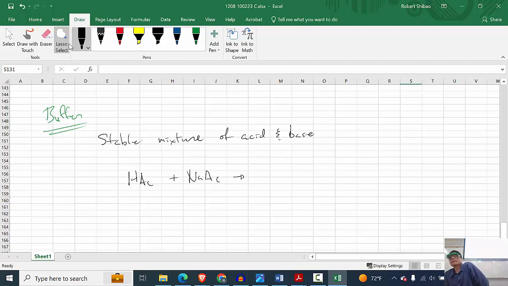All right, so this is what you should have. 50 milliliters of 3 molar acetic acid in a 150 milliliter beaker. 2 small beakers, one with 10 milliliters of sodium hydroxide, the other with 10 milliliters of hydrochloric acid, both at 6 molar. 2 plastic pipettes, one for the HCl, one for the sodium hydroxide.